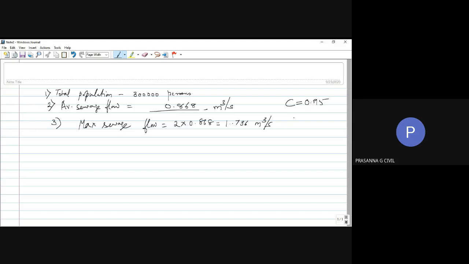Correct? And forest land? 0.1, 0.01. Understood? So for any general area, you can assume anywhere between 0.6 or 0.7 very easily. So if something like that is given to you where it is not there, you can assume imperviousness factor as this.